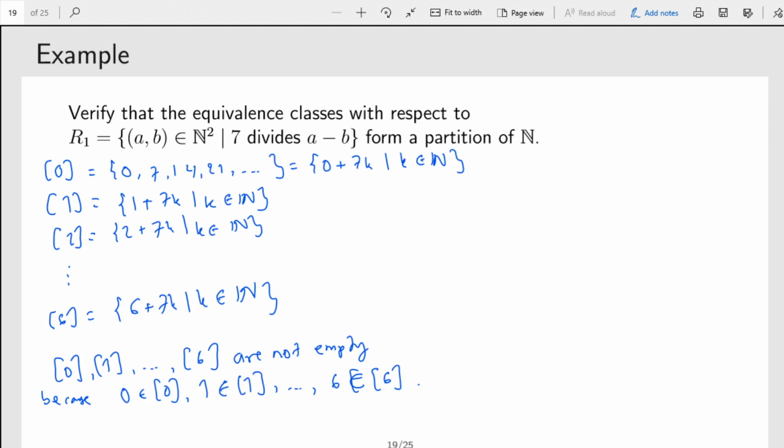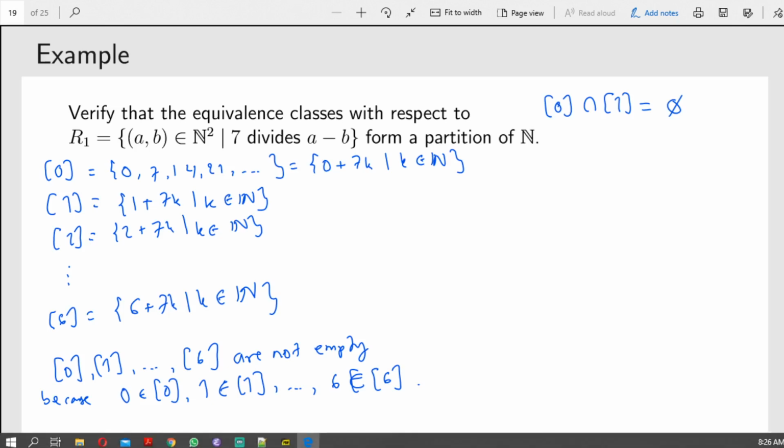You could check that, for example, 0 intersection with 1 would be empty, because there is no way for you to write down an element of the equivalence class of 0 that is divisible by 7, whereas an element of the equivalence class of 1 will give a remainder of 1 when you divide it by 7.